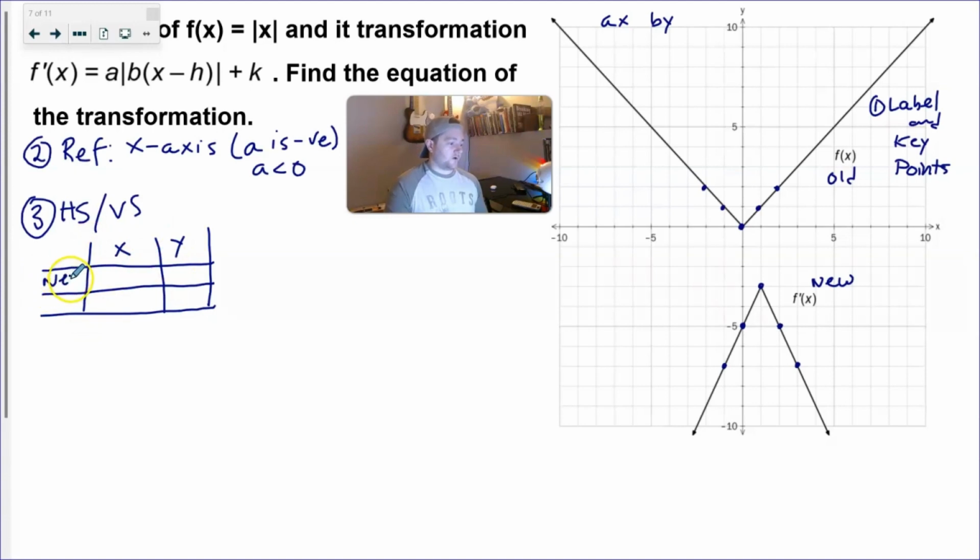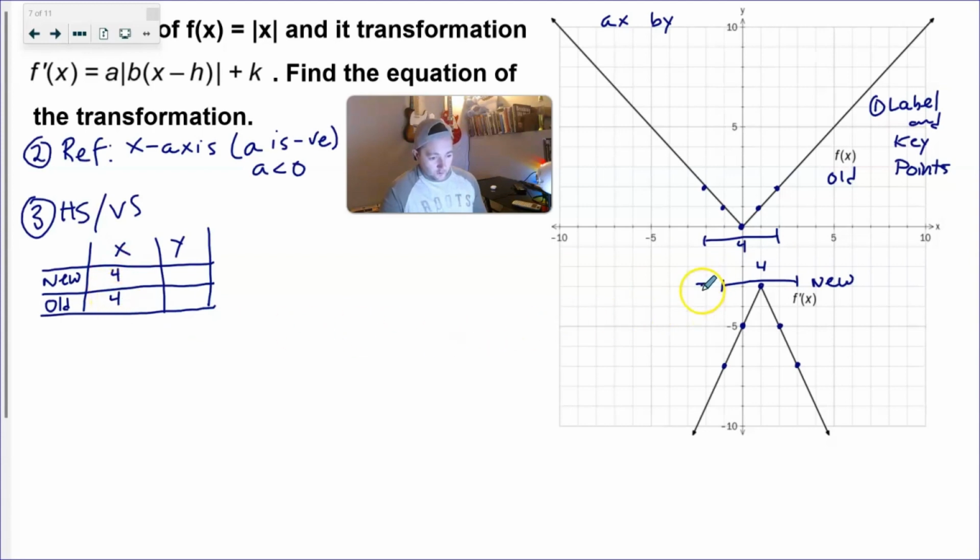I always put the new and the old, new on top, old on bottom, and then X and Y. So I want to look at the new first in the X direction, so I'll go to these 2 points and compare them to these 2 points, right? This one goes from -1 all the way to 3, so that's 4 units. This one goes from -2 all the way to 2, so that's 4 units as well, so 4/4.